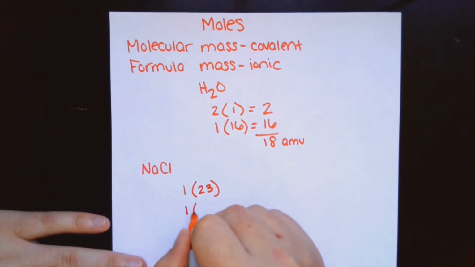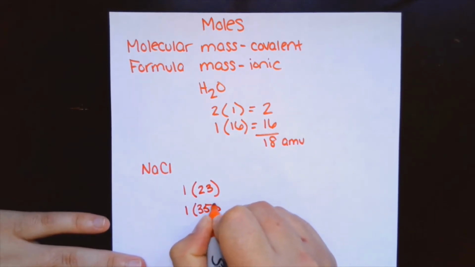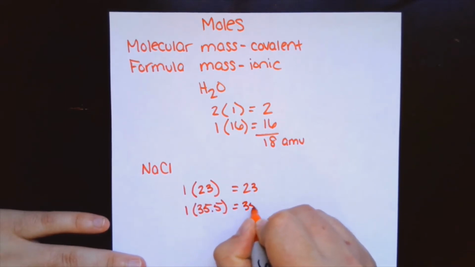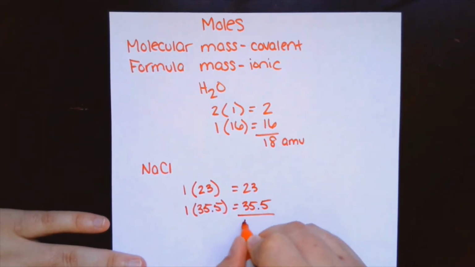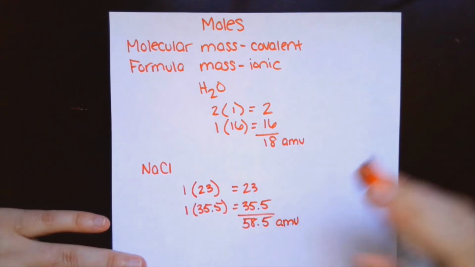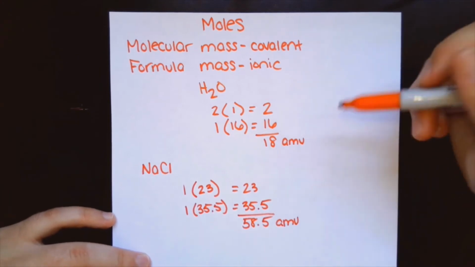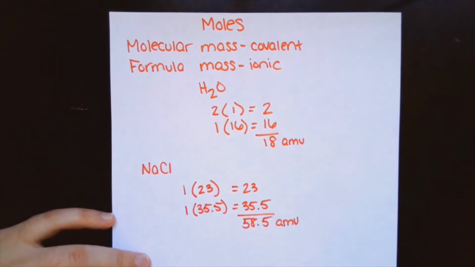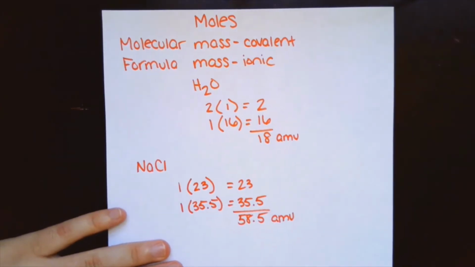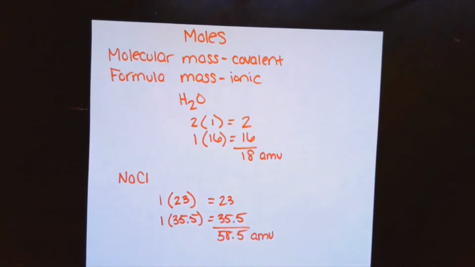There's one chlorine with an atomic mass of 35.5. You add those up, and you get 58.5 AMUs. So if you hear molecular mass or formula mass, that's what these are referring to, right? I'll touch back on these in a second, but now I want to talk about what a mole is.